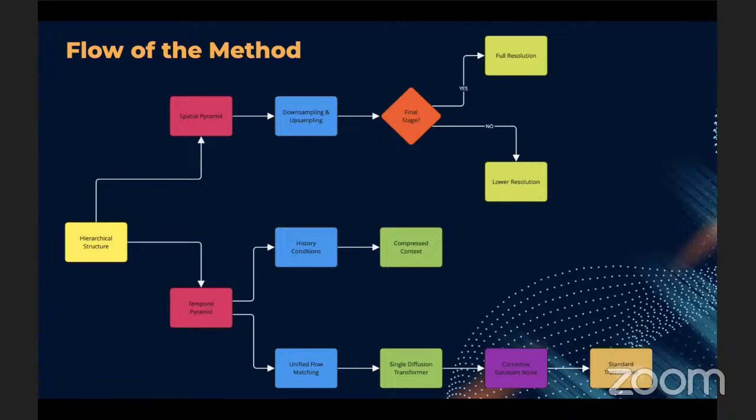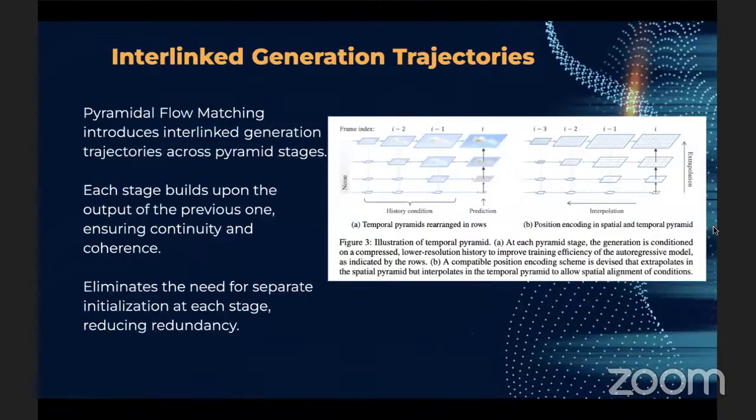The number of pyramidal stages is usually set to 3 across most of the experiments done in this paper. And for corruptive noise they have added uniform corruptive noise. This is how they set up the experimental system.